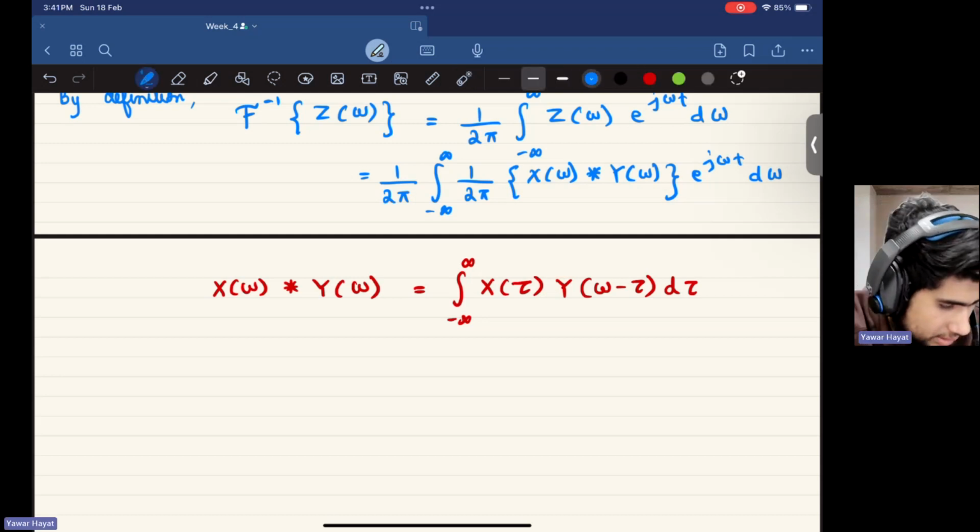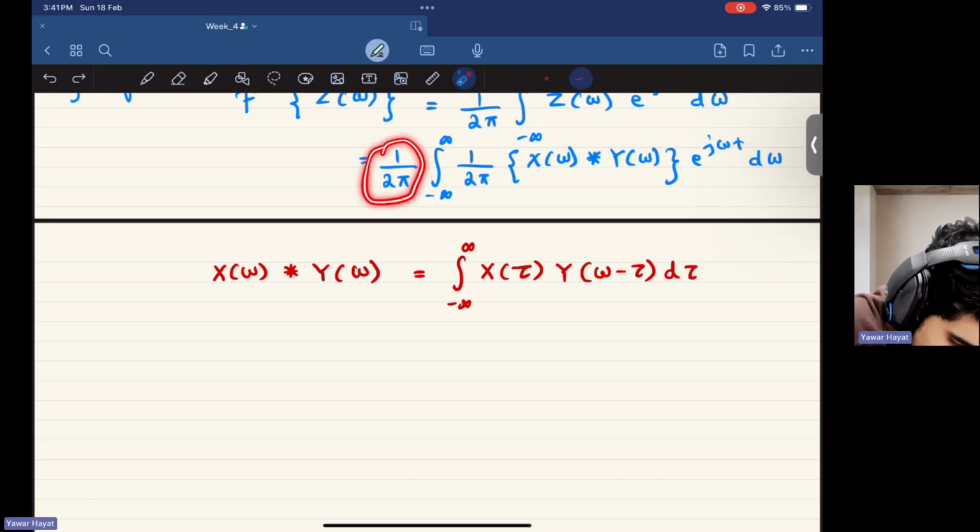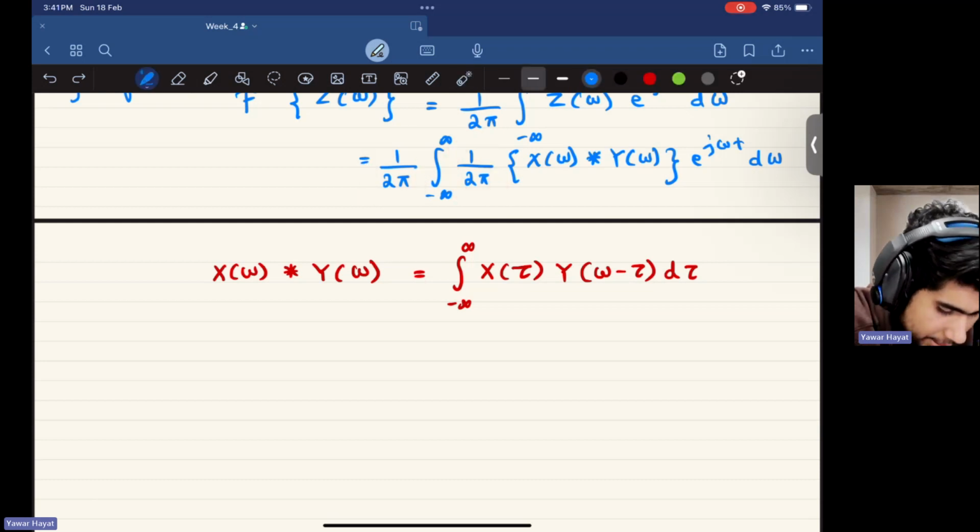Okay, so let me use that. I have two 1 over 2 pi factors, so I'll club them.